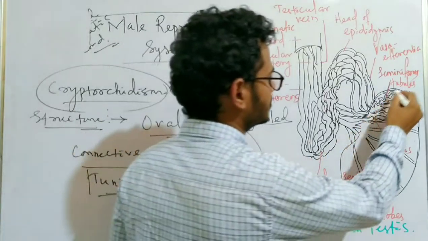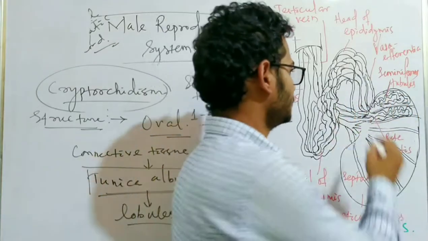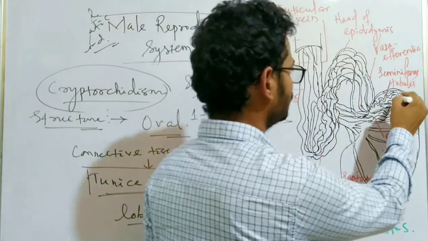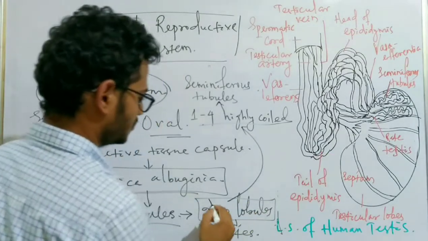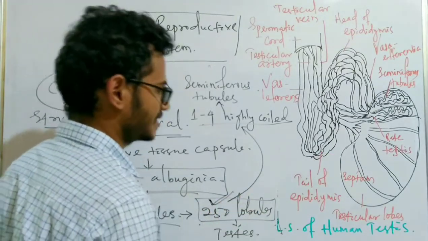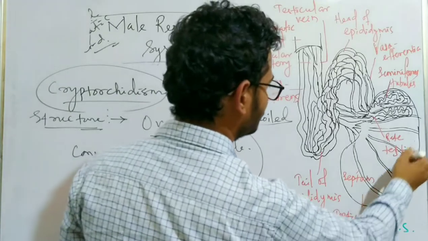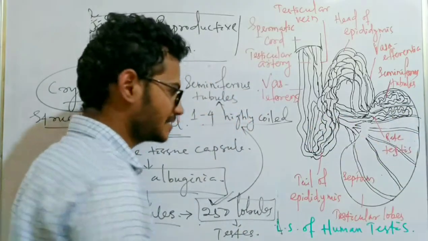The seminiferous tubules are located here in the diagram. These highly coiled tubules are present inside the testis. So these are the different lobules, and there are many lobules like this.